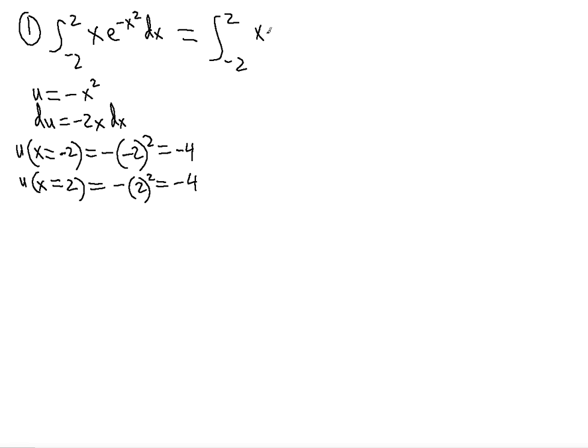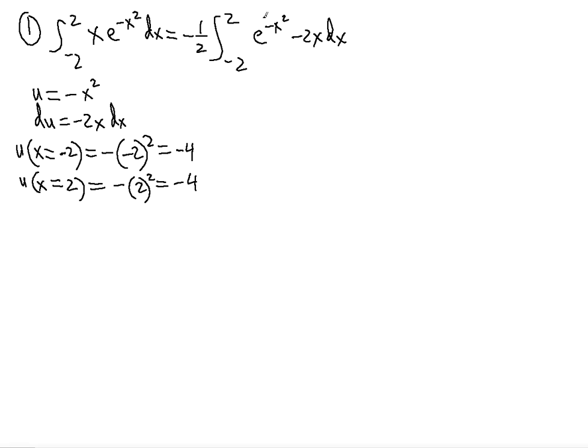Well, let's write actually e to the negative x squared first, and then we're going to write negative 2x dx. So notice there was no -2 before in the original integrand, so we have to multiply this integral by -1/2 to compensate for that -2 that wasn't there before.